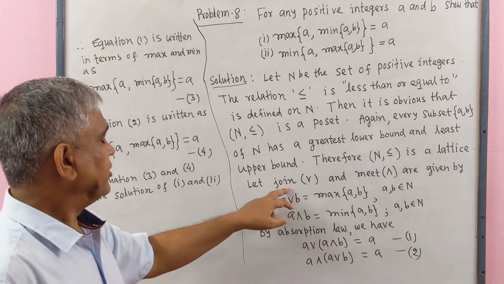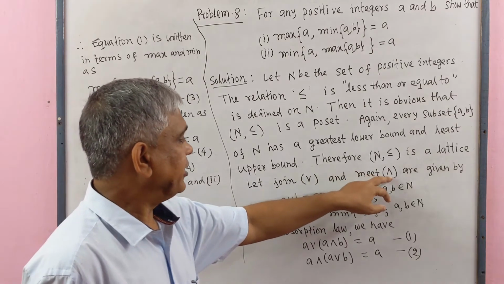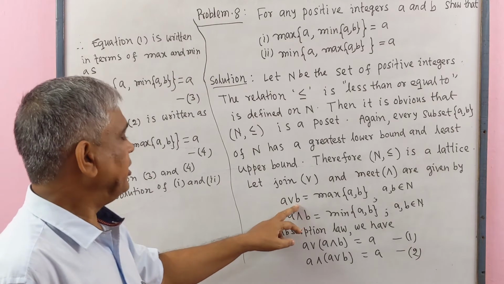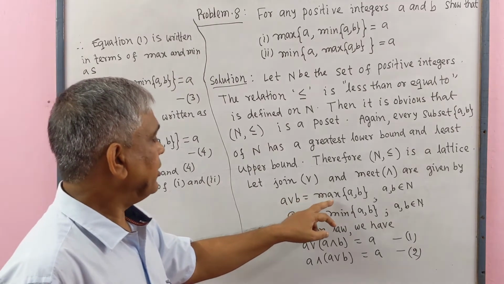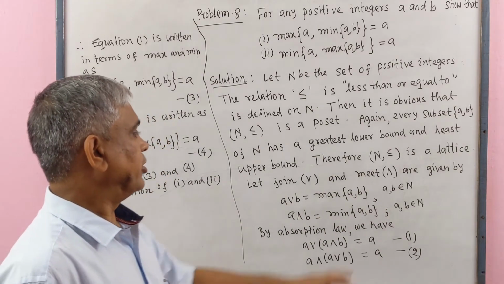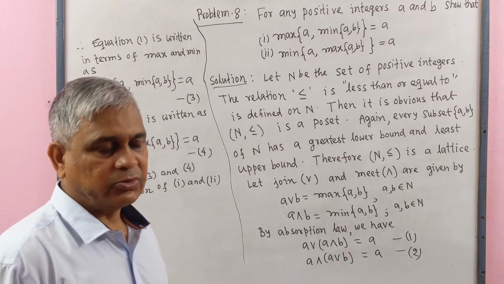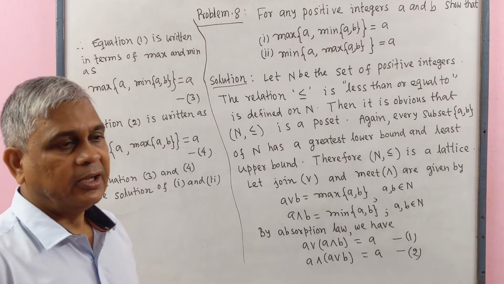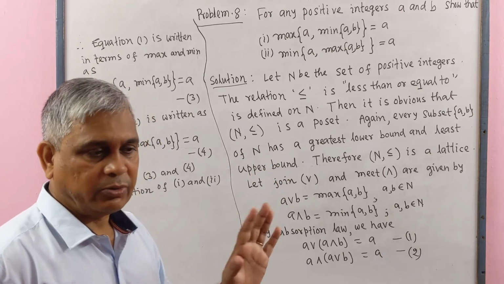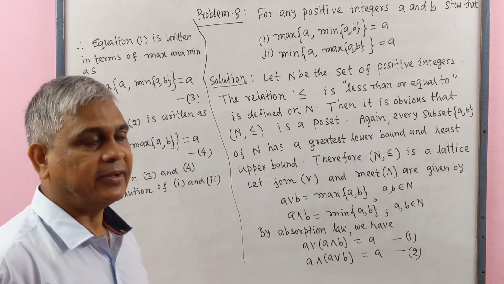Let join and meet be given by A join B equals the maximum of A and B, for A, B belonging to N. For two integers, we know that one is less than the other if the two integers are different.